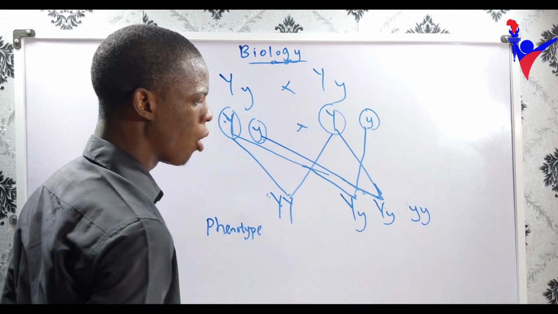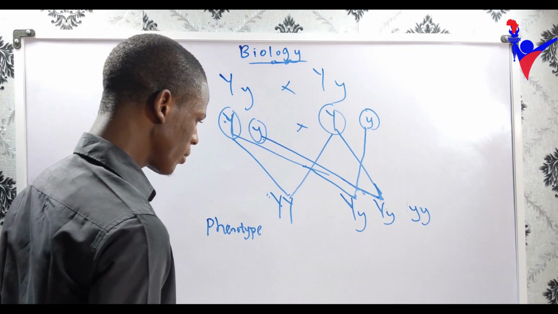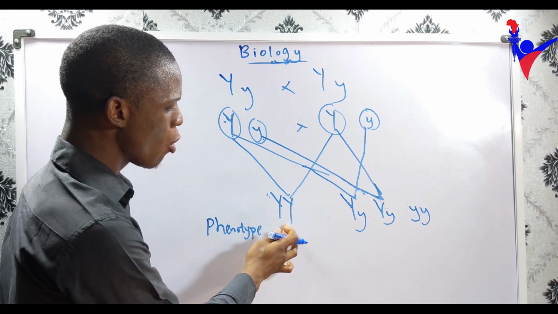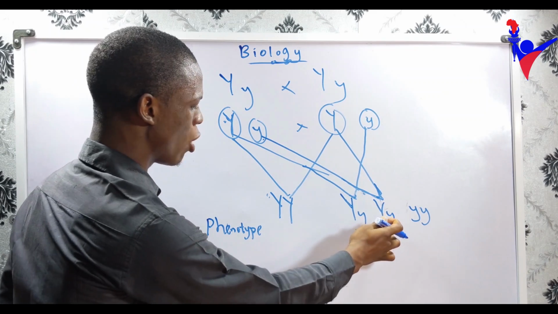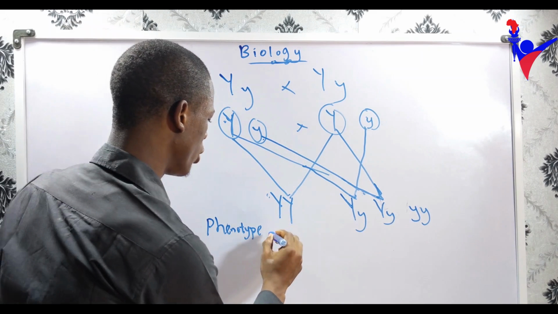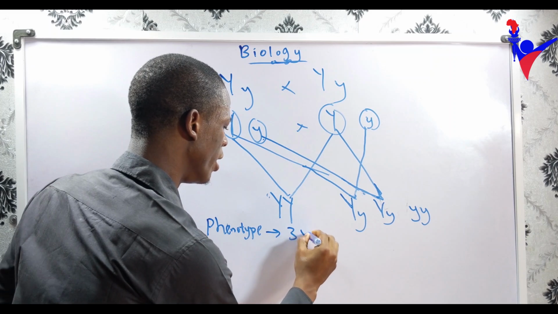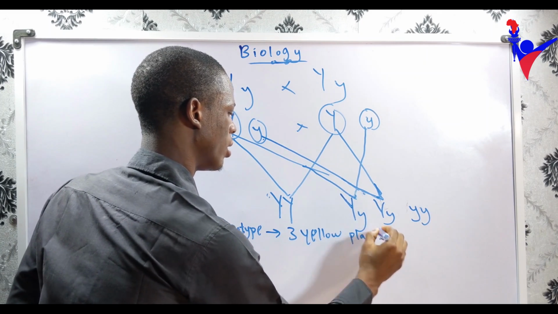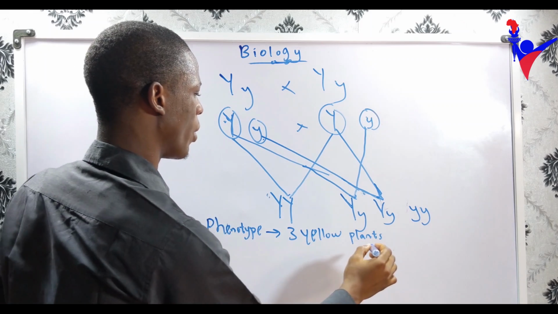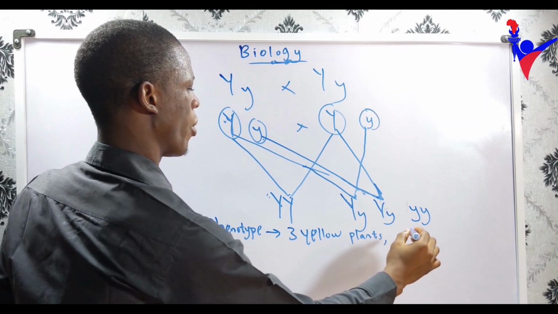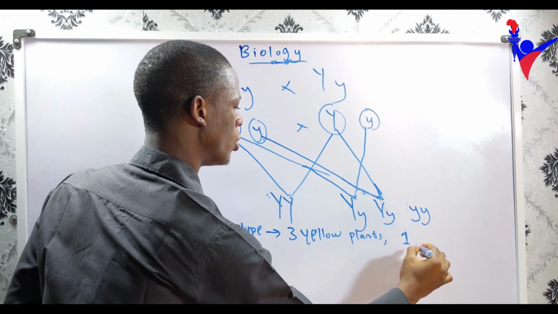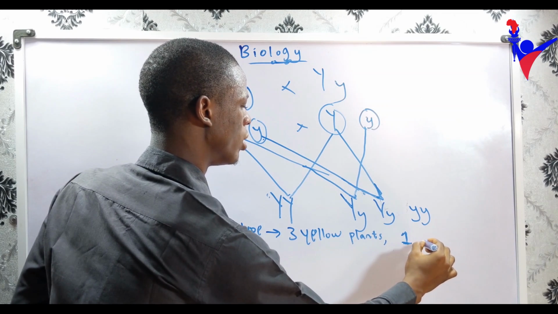We have the small y. So we have how many yellow plants? We have one. This is a yellow plant. This is a yellow plant. This is a yellow plant. So we have phenotype: we have 3 yellow plants, and we have what? 1.